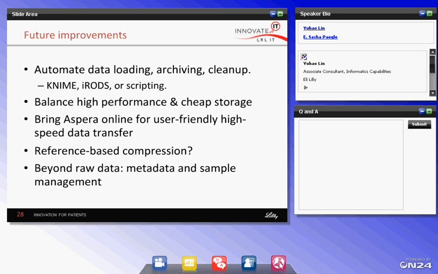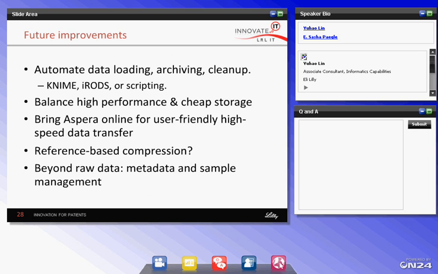All right. So looking into the future, a few things that we want to do: automation, automating data loading, and also downstream stuff, and the cleanups. There's a couple of different tools that we can use, and we're exploring those. I mentioned earlier that you can archive inactive stuff to cheap storage. We're doing that ourselves. Bring Aspera online.